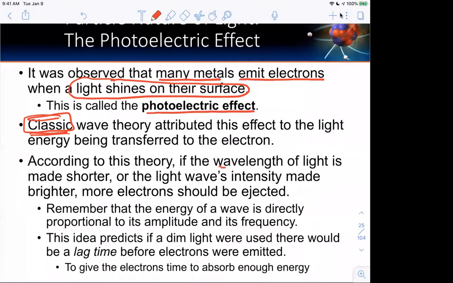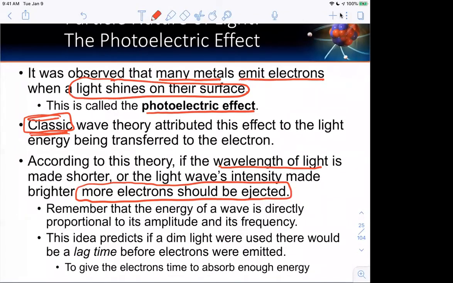If I look at classic waves, if the wavelength of light is made shorter, or the light wave's intensity is made brighter, more electrons should be ejected, right? If my light behaves according to classic wave theory, and I make the wavelength shorter, that's going to be higher energy.